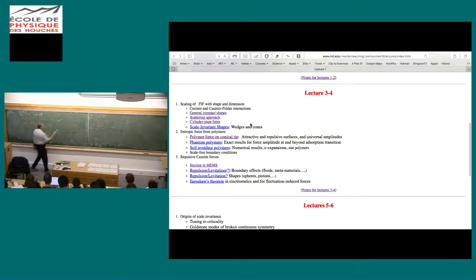If I'm at temperature T, you would put a kT here. And by matching these 2 expressions, you can see that the effect of the entropy is to essentially give a contribution to elasticity of kT divided by n a squared, which is the same thing as kT divided by r squared over 3.